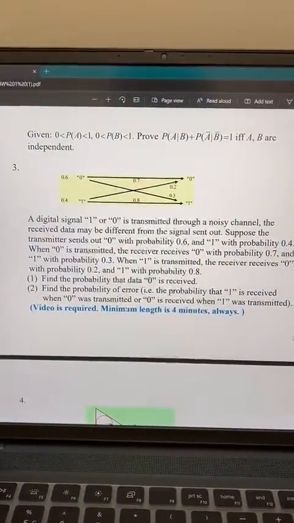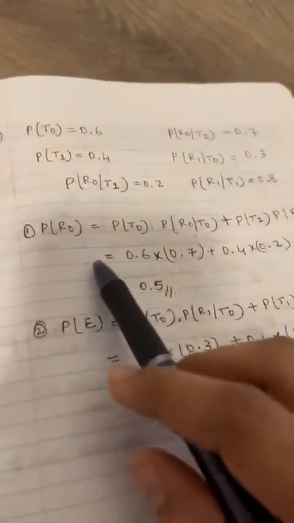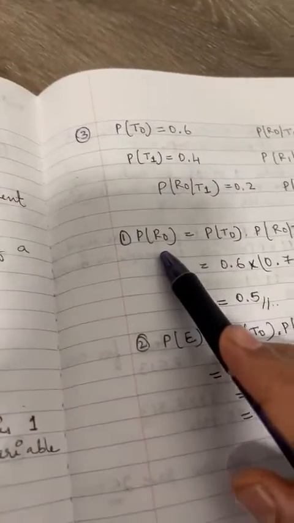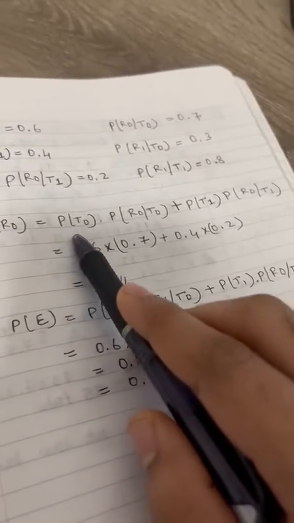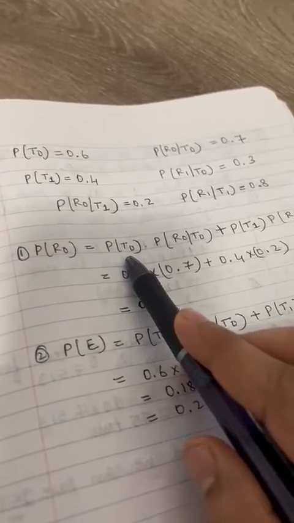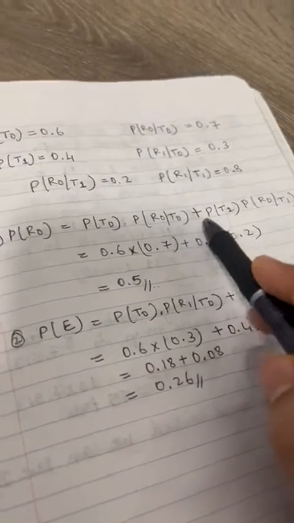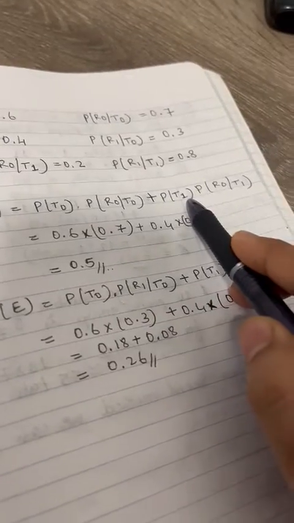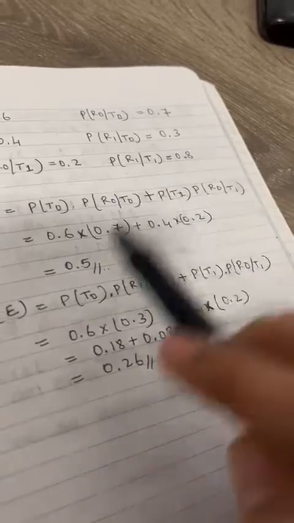The question asked for us is to find the probability that data 0 is received. For finding the probability when 0 is received, I went through a formula: the probability of 0 getting transmitted times the probability of 0 received when 0 is transmitted, plus the probability of 1 transmitted multiplied by the probability of 0 received when 1 is transmitted.